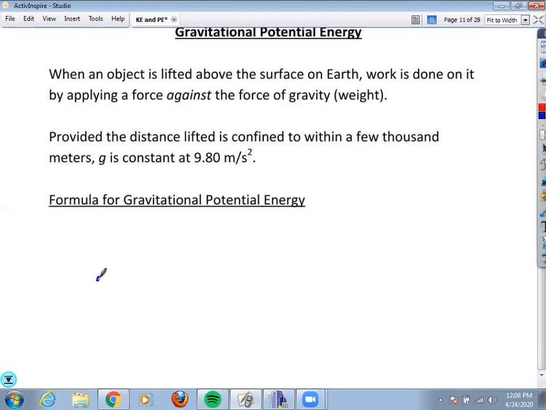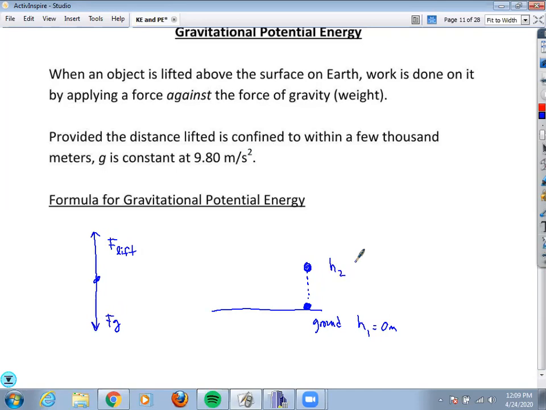If we look at a free body diagram, we know that Fg is always down. And if you want to move an object upwards, you have to lift it. So we'll call this a lifting force. Now, if we've got an object on the ground, and the height of the ground, h1, is 0 meters. We've got an object here, and we're going to lift it up. It's going to be at a new height, h2.